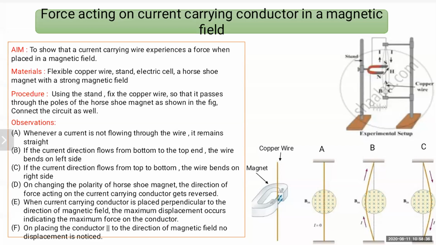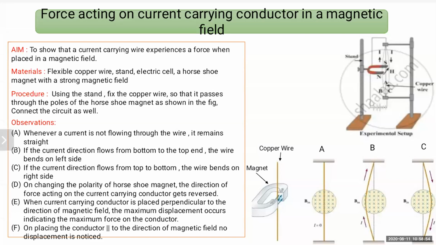Look at the diagram. A is the straight position, means there is no current flowing through the wire.